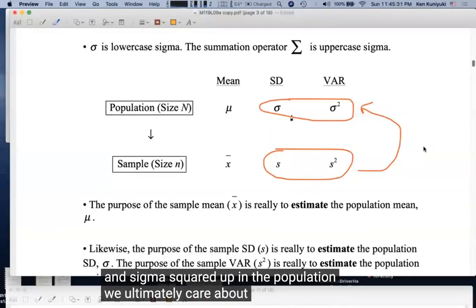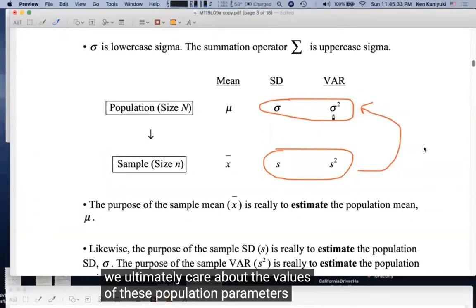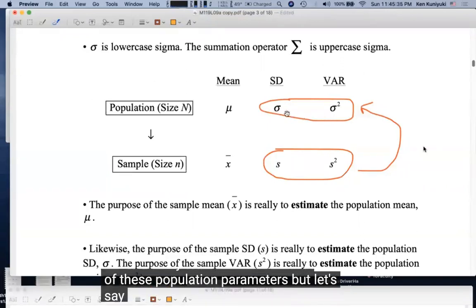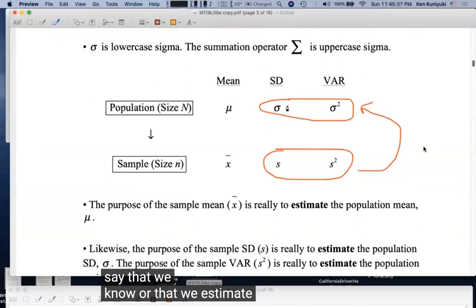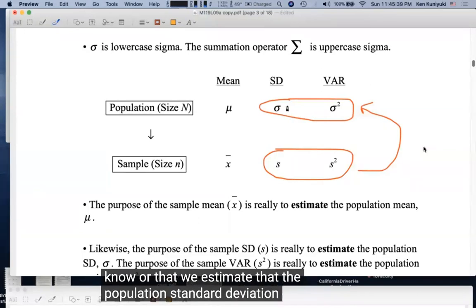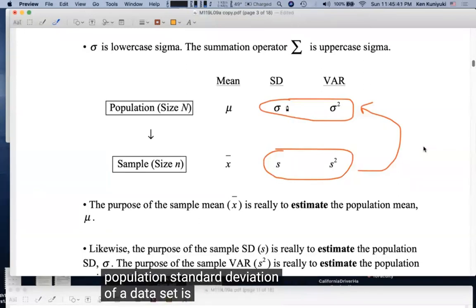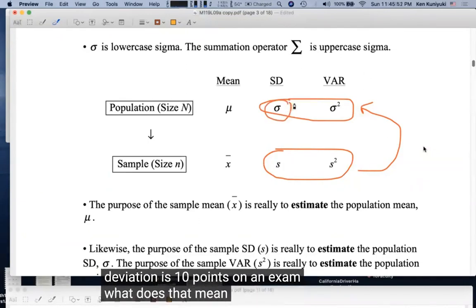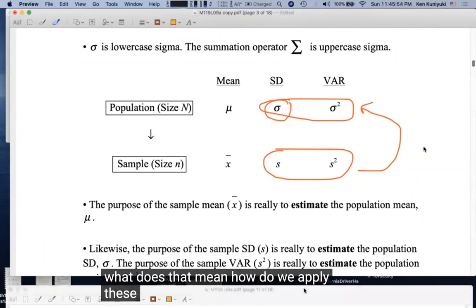We ultimately care about the values of these population parameters. But let's say that we know, or that we estimate, that the population standard deviation of a data set is, let's say, 10 points, like on an exam. Well, so what? So what that the population standard deviation is 10 points on an exam? What does that mean? How do we apply these ideas?